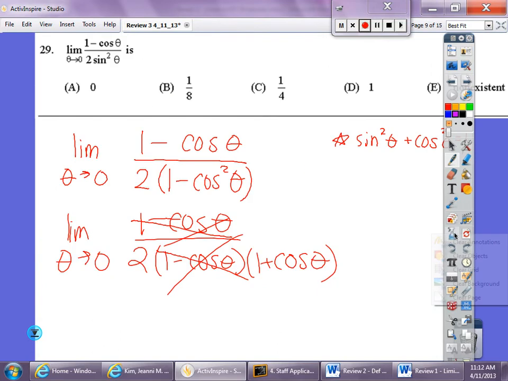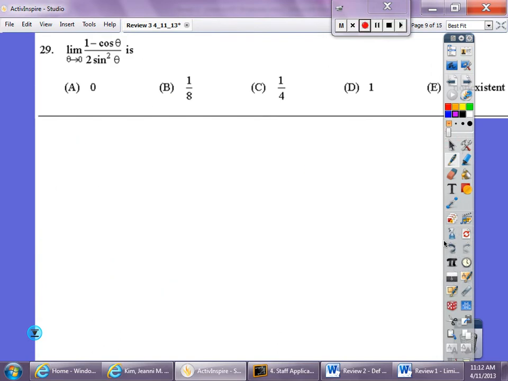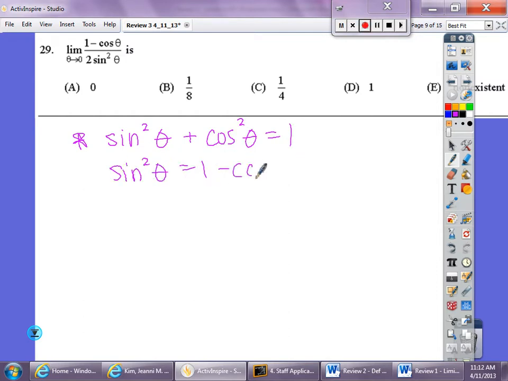All right, so that's an identity. There's very few identities I expect you to know, but the Pythagorean identities, you have to know them. Given that, I also know that sine squared theta is 1 minus cosine squared theta. If you substitute in 0, it's obviously undefined.